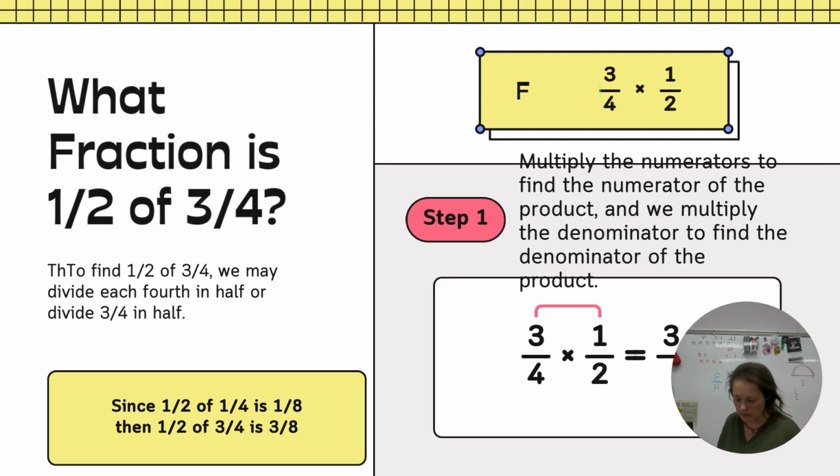My question to you is to find 1/2 of 3/4. So how could we find 1/2 of 3/4? Well, we're drawing it right now. So we can either divide each fourth in half, or we can divide the 3/4 in half. Let's divide our 3/4 in half. Okay, I'll get a new one. So I divide my 3/4 in half. But now my 1/4, what does that become?